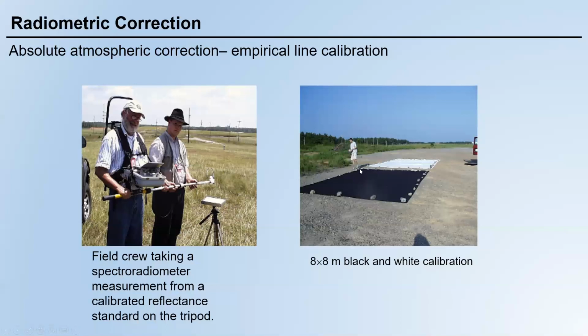Similarly, you can do this for a black object, and you can also do this for different typical land cover types, for example, grass, tree canopy, tree leaves, or asphalt or concrete. You can collect a reference reflectance library using this spectrometer in your field work, and use this spectral library as the reference for empirical line calibration.